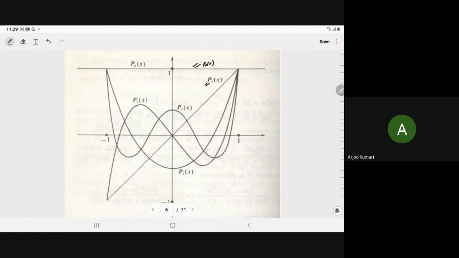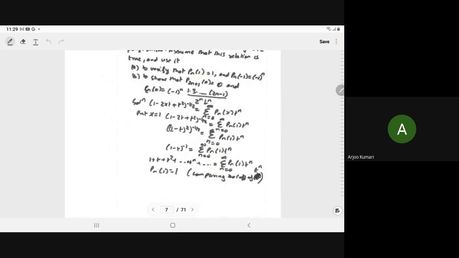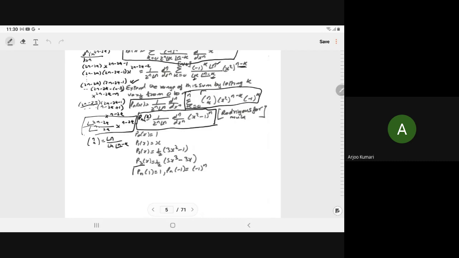This graph is available in the book, so there is no need to draw it. Here I just want to say that as you increase the order, your graph will take more oscillation. So that is the formula we have derived.